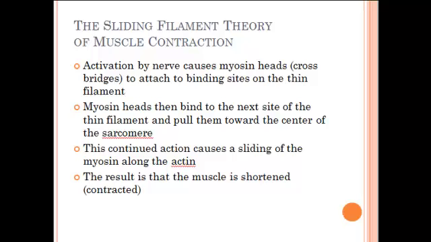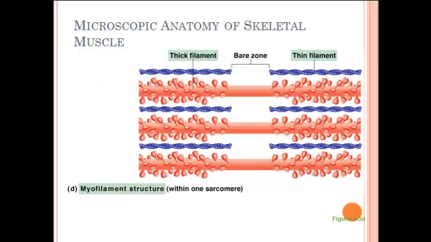Let's go back to the previous picture to remind you where the actin and the myosin are. Here we have the actin, which is this blue thin filament, and then we have the myosin, which is the red, and it has all these little projections. Those are called the myosin heads.